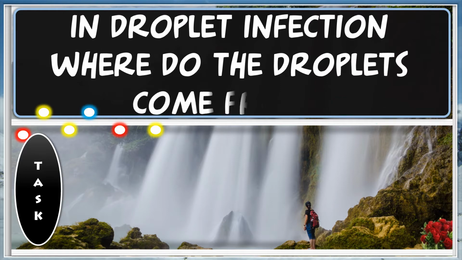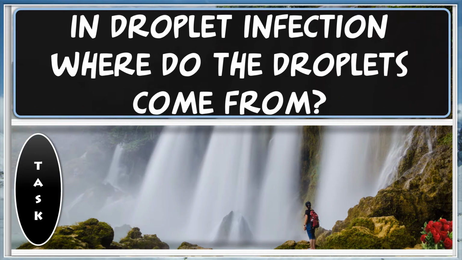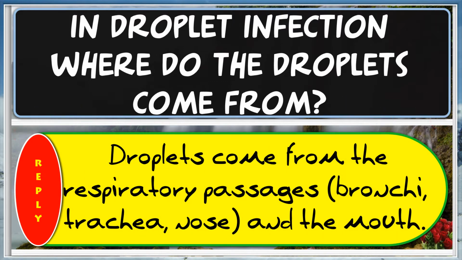In droplet infection, where do the droplets come from? Droplets come from respiratory passage, bronchi, trachea, nose, and the mouth.